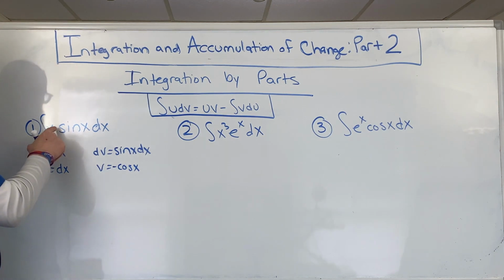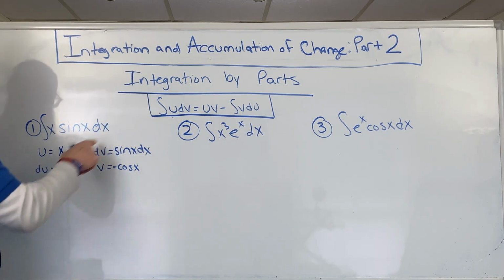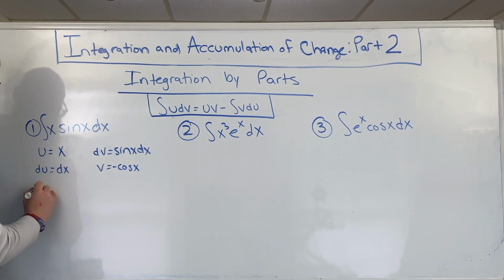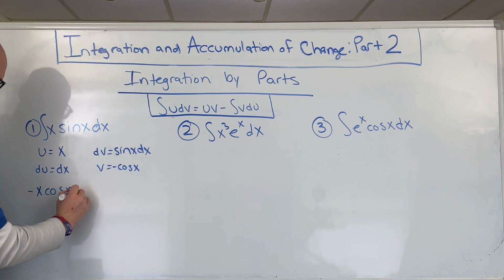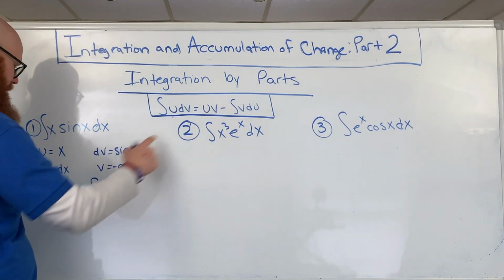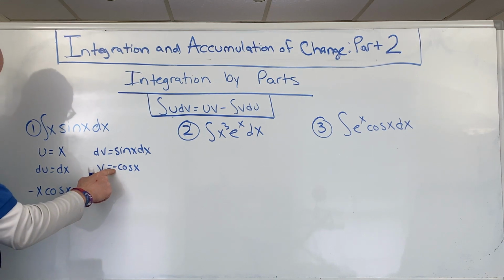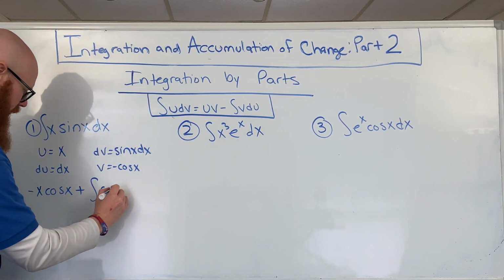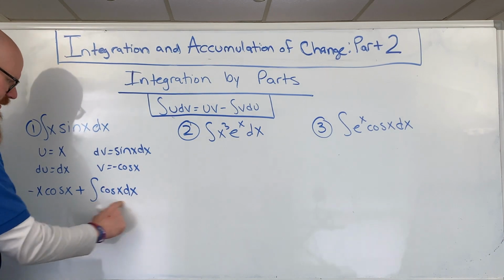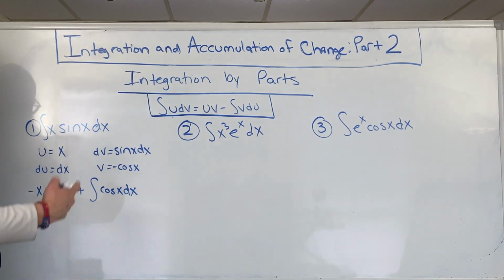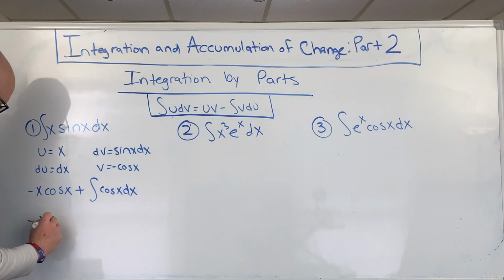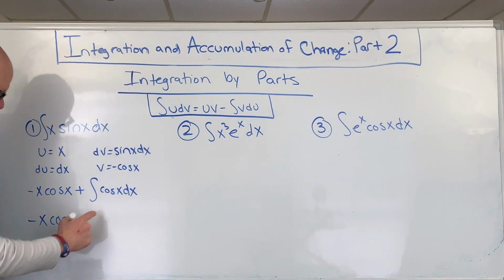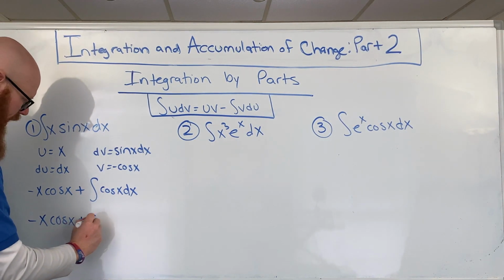The integral of u dv is uv, so negative x cosine x minus the integral of v du. This negative I'm going to distribute to make it a plus, and that's cosine x dx. This integral hopefully is something that we can now integrate. So I get negative x cosine x. The integral of cosine is positive sine.